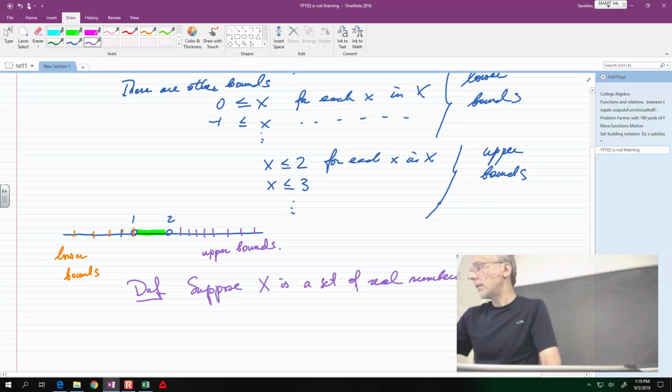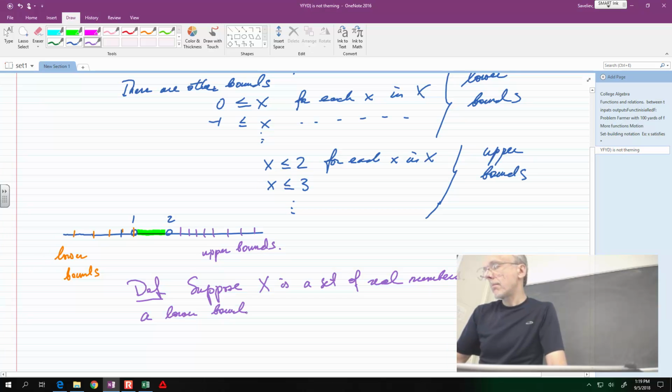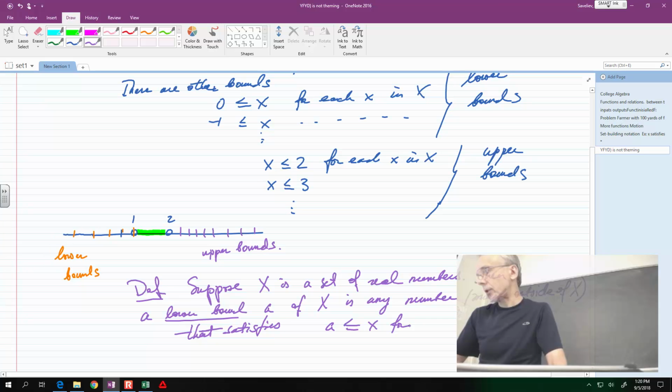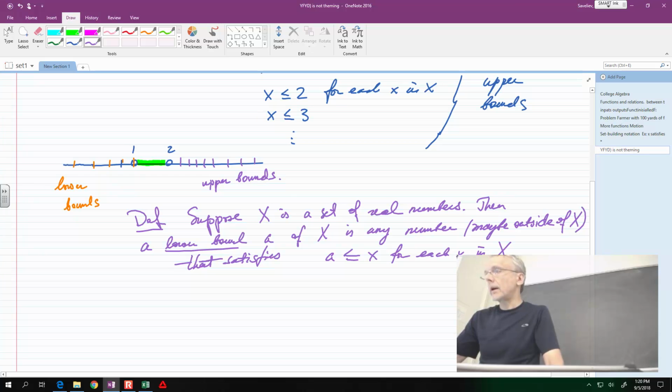Then a lower bound A of X is any number, not necessarily one that belongs to X, so maybe outside of X, that satisfies that inequality: A is less than or equal to x for each x in X. So that's the lower bound.